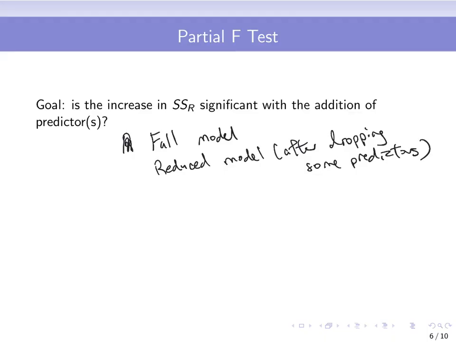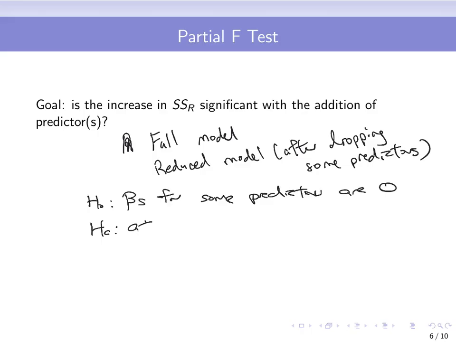and so in effect, the null hypothesis is that the coefficients for some predictors are 0, and these are the ones that you're considering to drop. The alternative is that at least one of the coefficients in the null is non-zero.